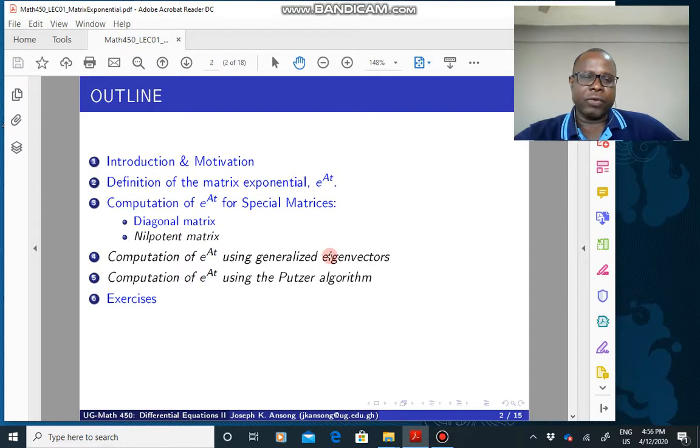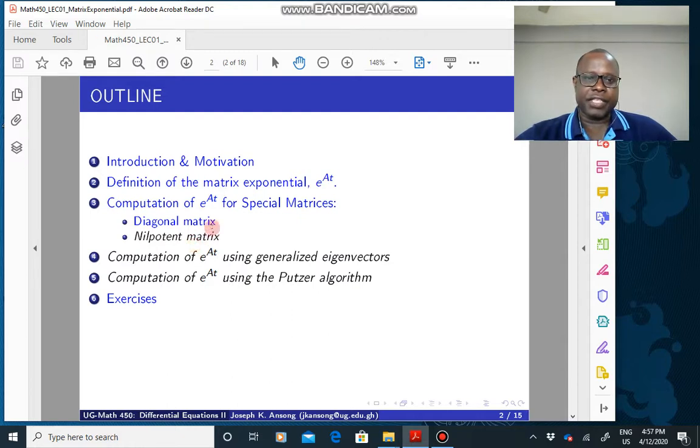For this lecture, I'll go over the introduction and motivation for the matrix exponential. We'll give a definition of the matrix exponential and how you compute it. We said that it is involved if you compute it straight from the definition, but it's a little easier if the matrix A in your system of equations is a special type of matrix, like a diagonal matrix or a nilpotent matrix.